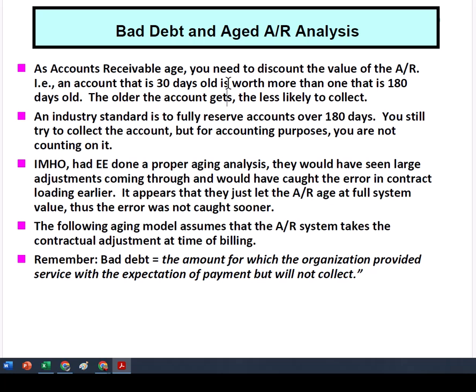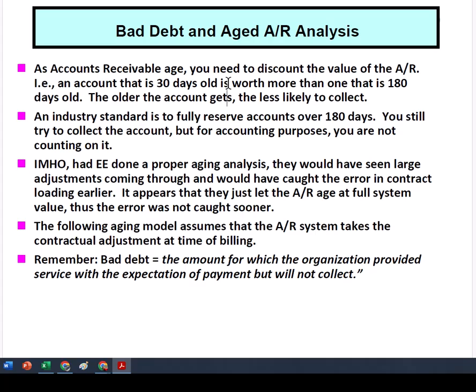I think it's last on the list if they're struggling financially. So the industry standard is to fully reserve the accounts over 180 days. What that means is for accounting purposes, we still try to collect them, but we're reserving them at 100%. For accounting purposes, we don't think we're going to get paid. That's an industry standard.